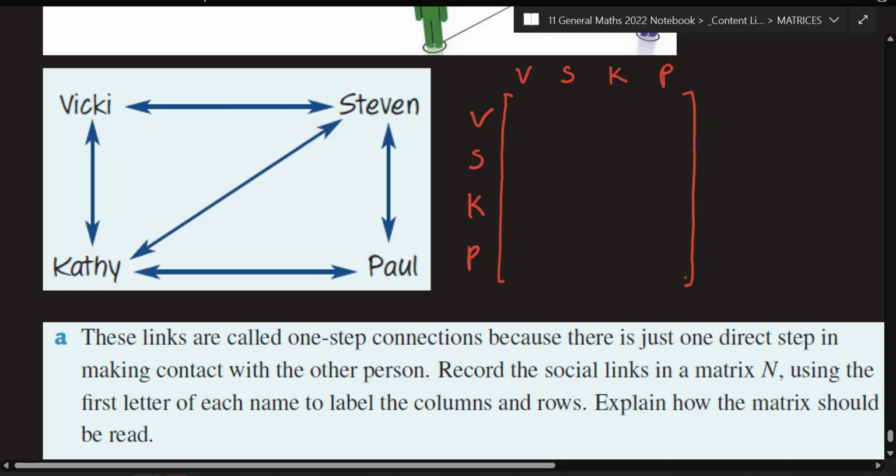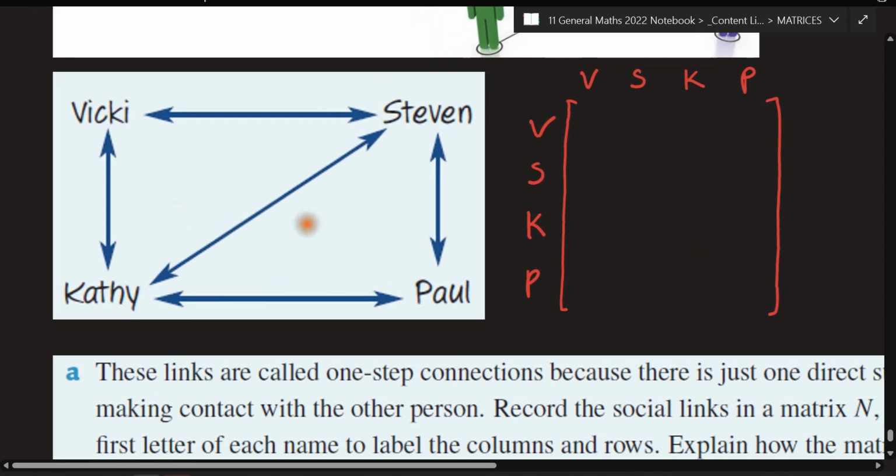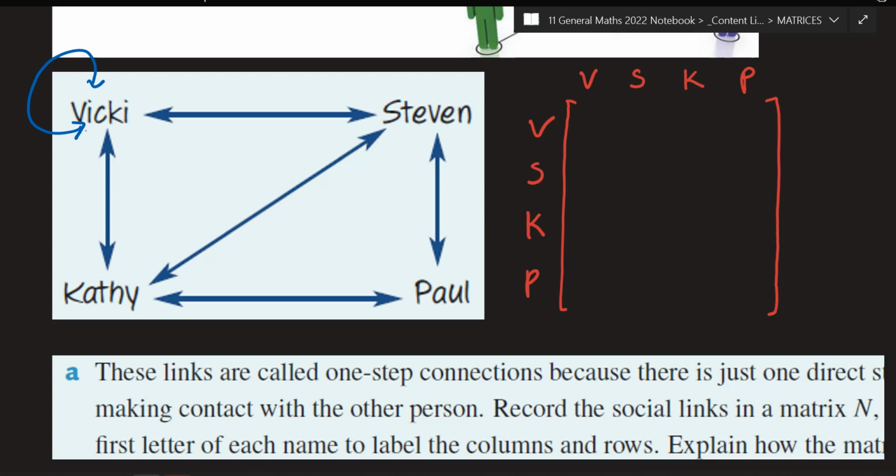Now, one thing that isn't noted here, and I'm not sure if we've come across it yet in any of the questions we've done, is that there are no loops within this diagram. Does anyone know what a loop is? Yes, Anthony. Back to the same person. So, for example, Vicky communicating with Vicky, there's no loop there.